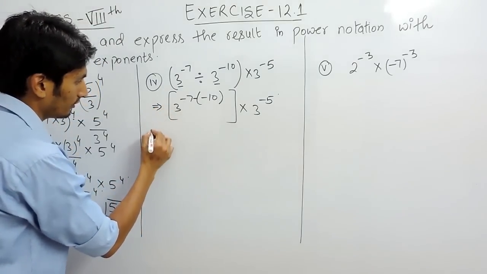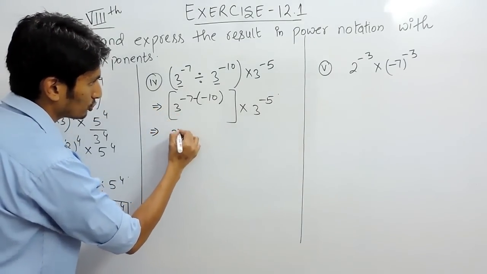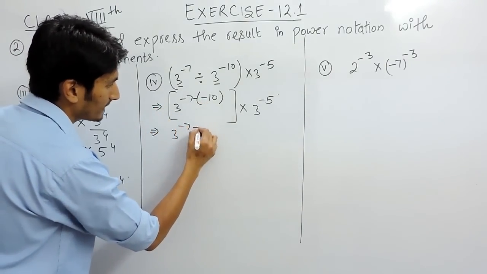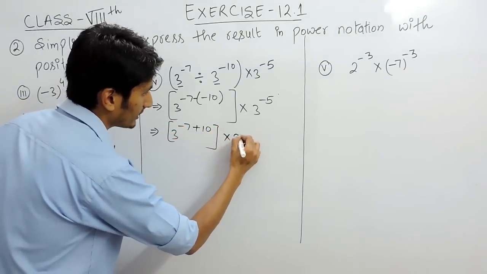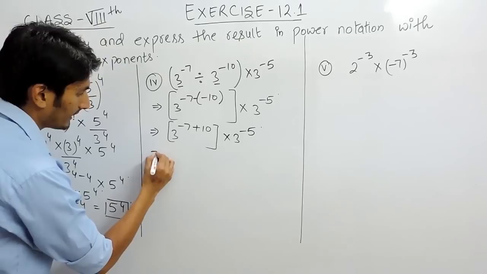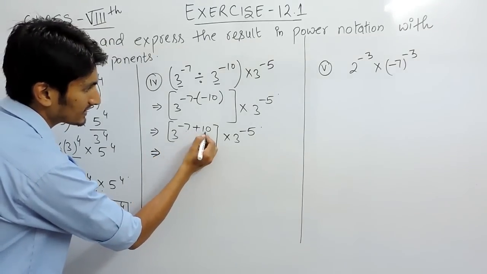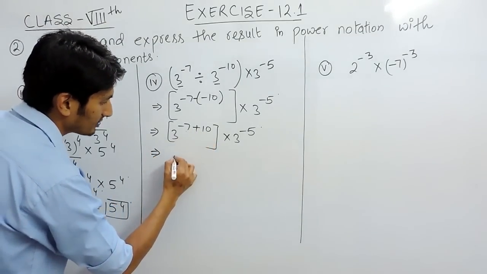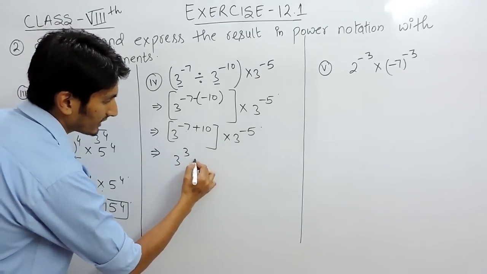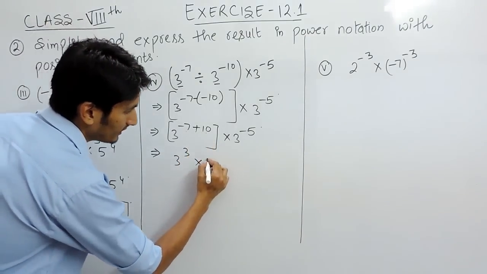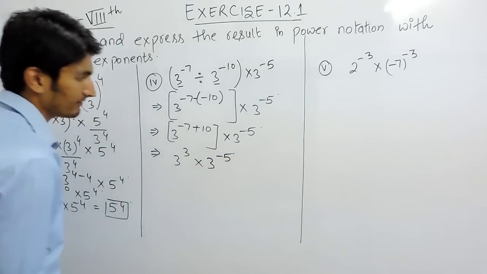Further solving, this is 3 raised to power minus 7, and minus minus is plus 10, and this is multiplied by 3 raised to power minus 5. Again, plus minus is minus, 10 minus 7 is 3, so this will be 3 with positive sign because the greater value has the positive sign, and this will be minus 5.